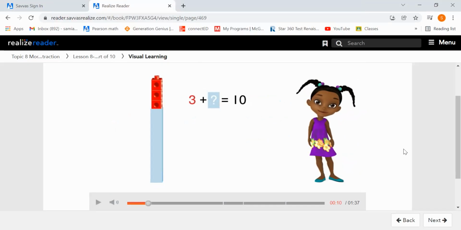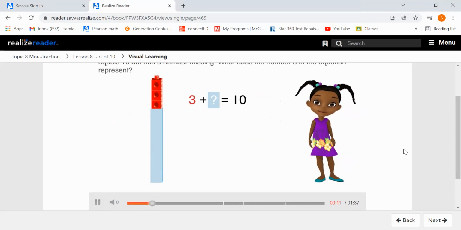There's 3 red cubes, and some cubes are covered. Looks like an equation that equals 10, but has the numbers missing. There are 3 red cubes and some cubes are covered. There is an equation that equals 10 but has a number missing.